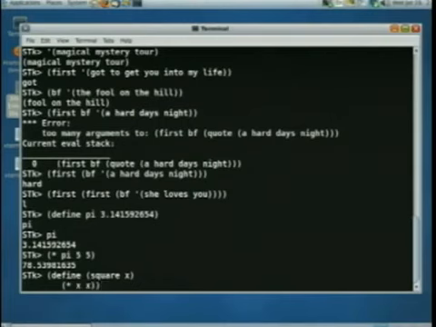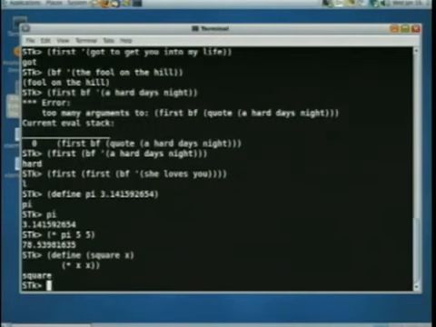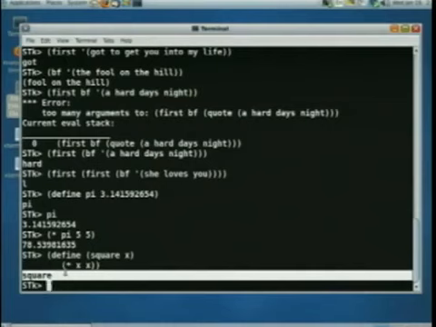So now I've defined a procedure. By the way, notice when you say define, what you get back, as the returned value, is the name that you're defining. So up here, I defined pi, and it said pi. And here I'm defining square, and it says square.